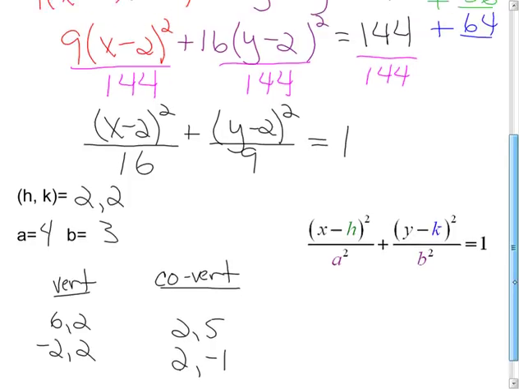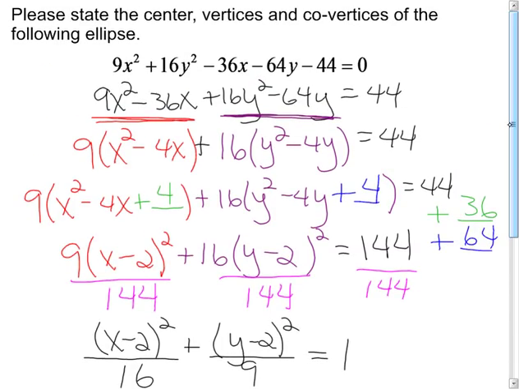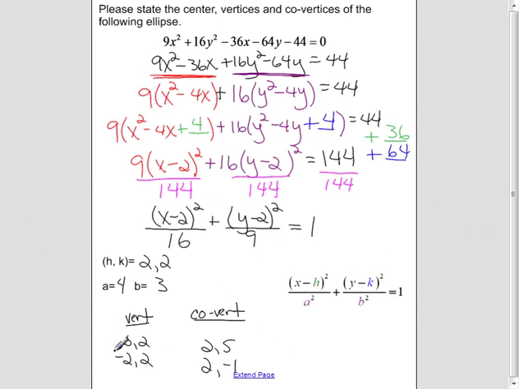So to review here, there's a lot that goes on in this problem, okay? But the major portion of what you need to see is that you cannot get from this first line to the standard form of an ellipse without completing the square. It's kind of a magical tool that we use to take such an ugly equation and put it in this standard form.